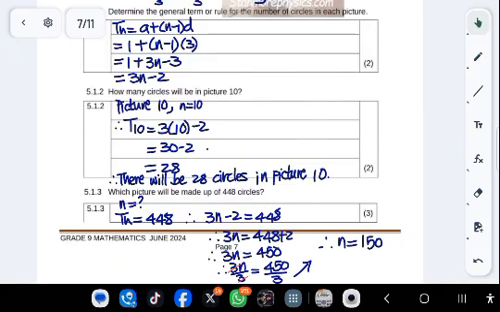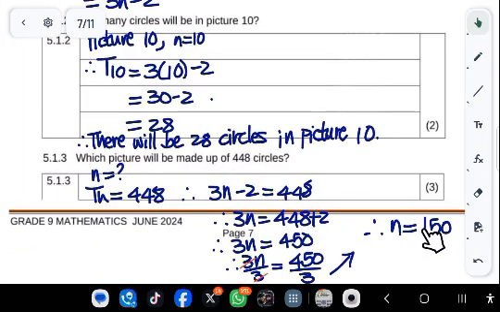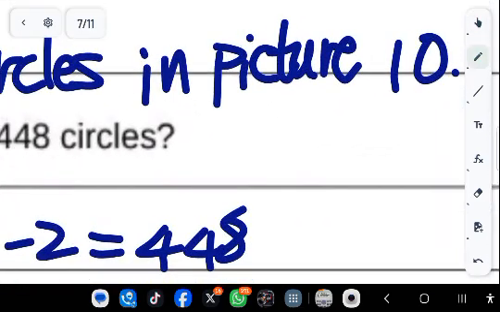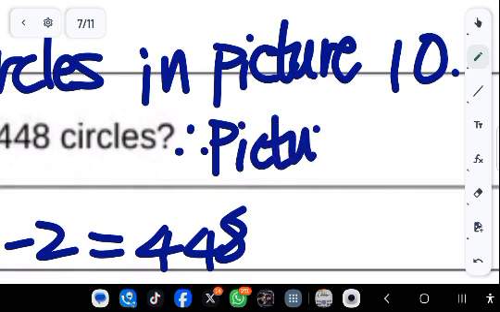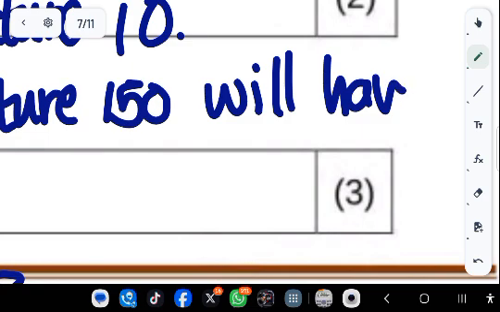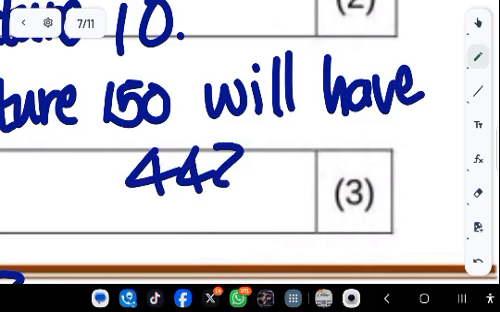It means that picture 150 will have 448 circles. So therefore, picture 150 will have 448 circles.